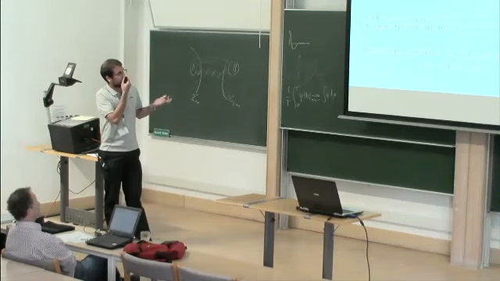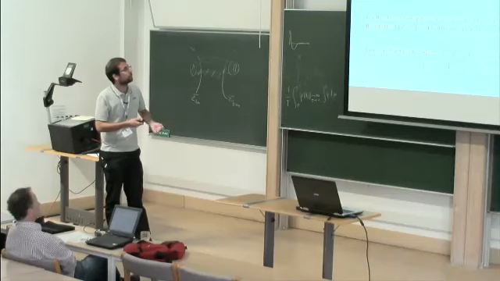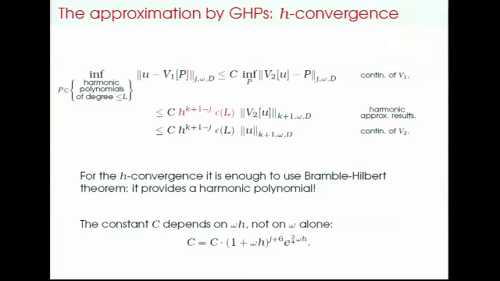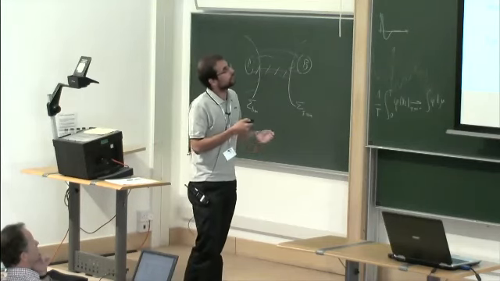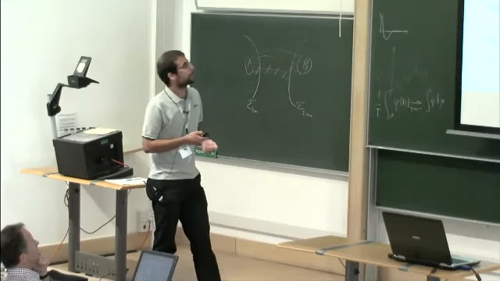The approximation of this harmonic function V2 of U by harmonic polynomials, if you are interested in the h convergence, is given by the Bramble-Hilbert theorem. If you have a harmonic function and you apply the Bramble-Hilbert theorem, the polynomial you get is harmonic. So it can be plugged inside here, and you have the standard order of convergence of Bramble-Hilbert. And using the continuity of V2, we recover the norm of U on the right-hand side.